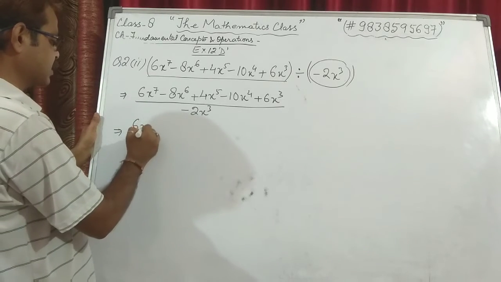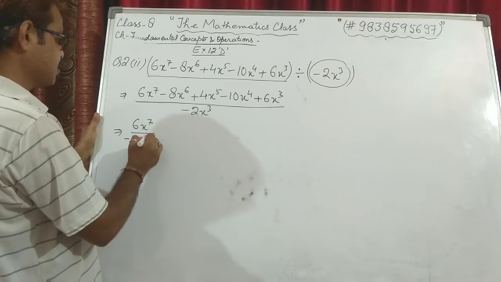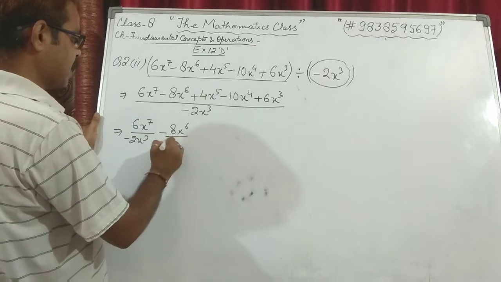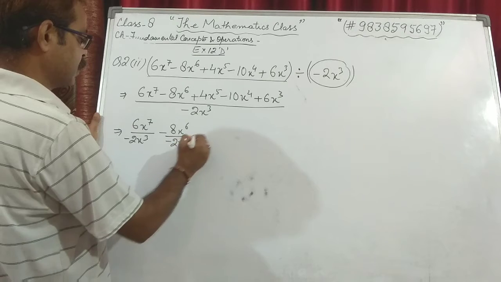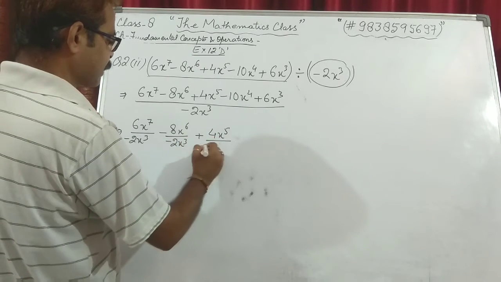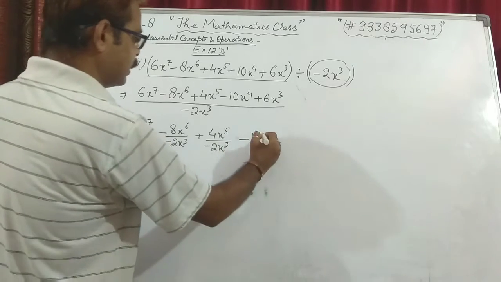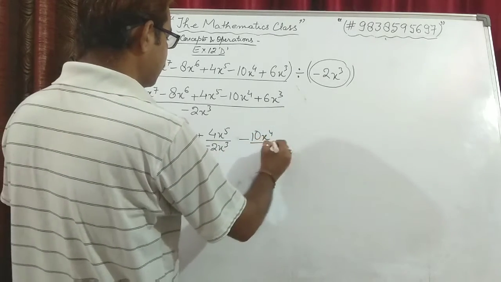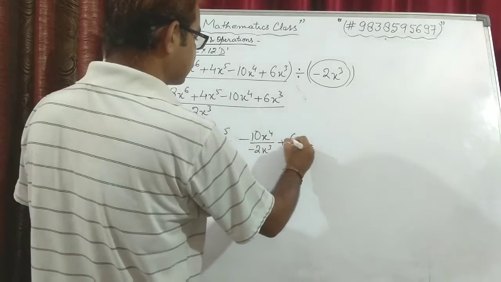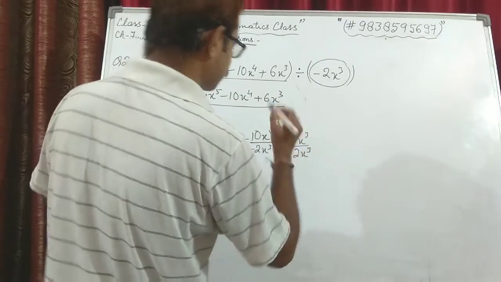Separate them means 6x to the power 7 upon minus 2x cube, then minus 8x to the power 6 upon minus 2x cube plus 4x to the power 5 upon minus 2x cube minus 10x to the power 4 upon minus 2x cube plus 6x cube upon minus 2x cube.